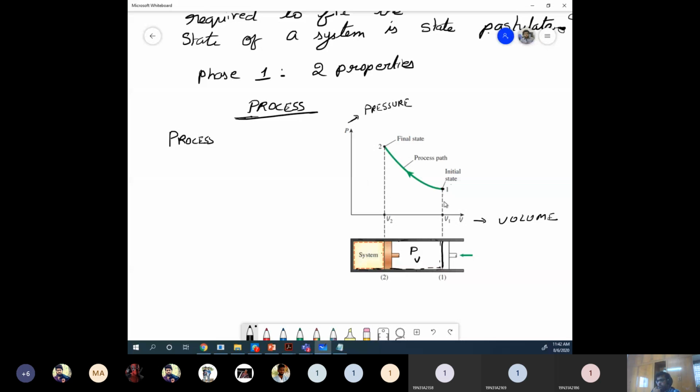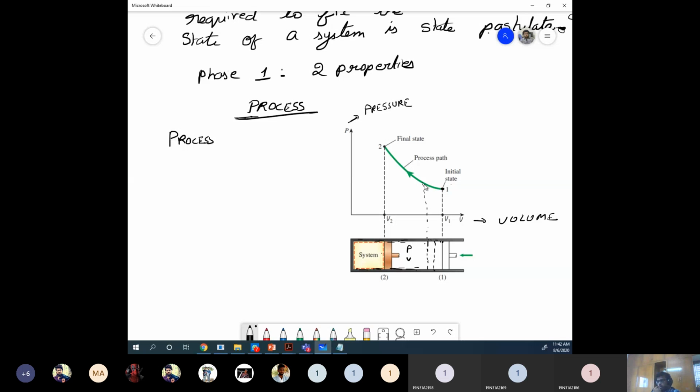After that, let's say you move your piston somewhere here. At this location the boundary has reduced, so the volume is obviously reduced. This is a new P and V, so let me put a marker there.